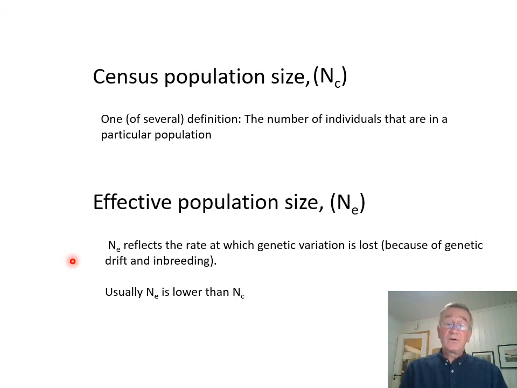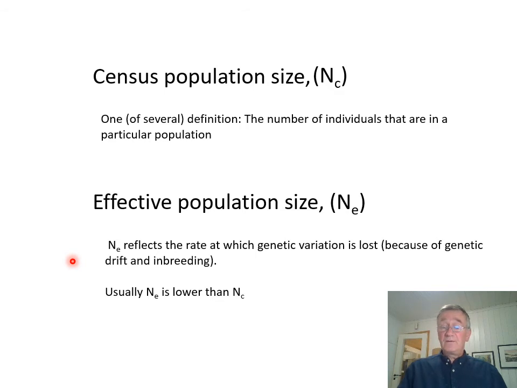So as we saw in the last slide, if the population size is 200, the drift or the genetic variation is lost very slowly. But if the population size is just 20, the genetic variation is lost much more quickly.